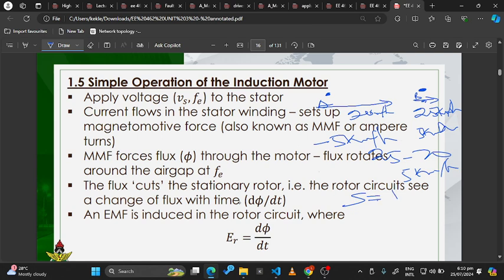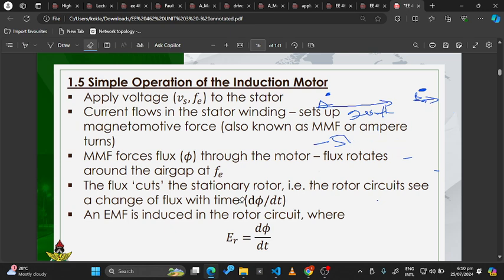The rotor is going to see the rotating flux moving at the synchronous speed, which is omega s. Is that okay? Please pay attention. The frequency that the rotor sees is what we call omega slip.